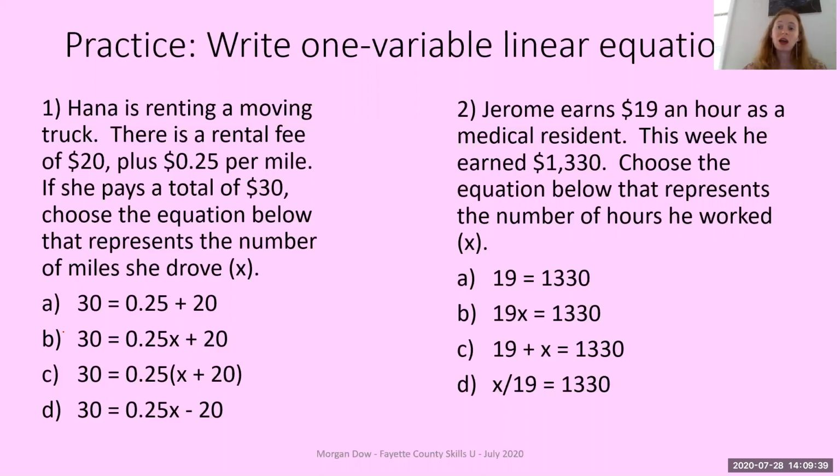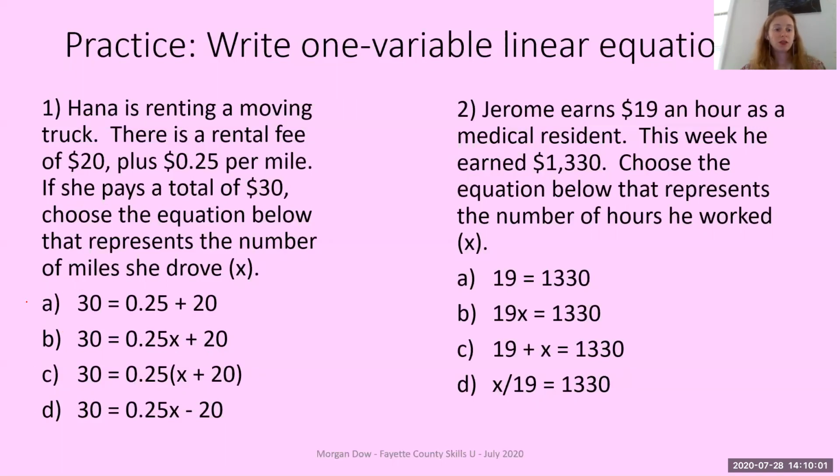In this case, we don't yet know how many miles she drove. We're not asked to figure that out. We just want to write out what goes into that total amount of $30. So she definitely has to pay the $20 rental fee, and she has to pay 25 cents times the number of miles that she drove.